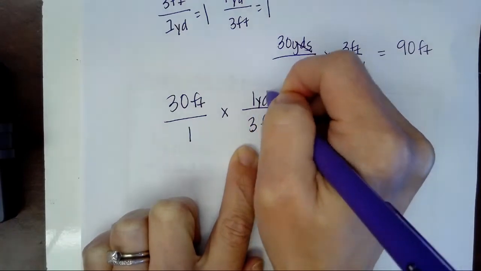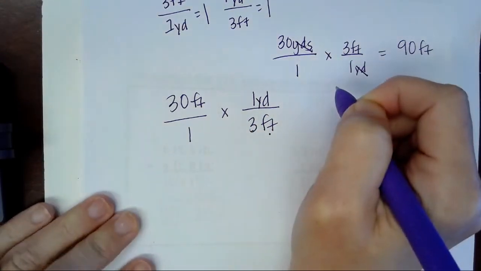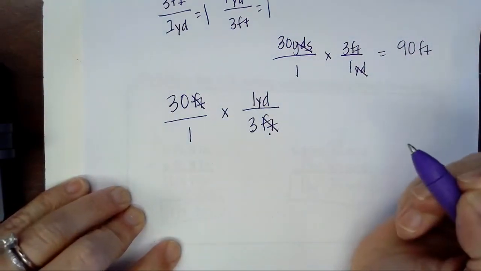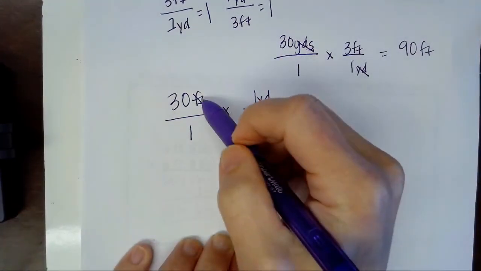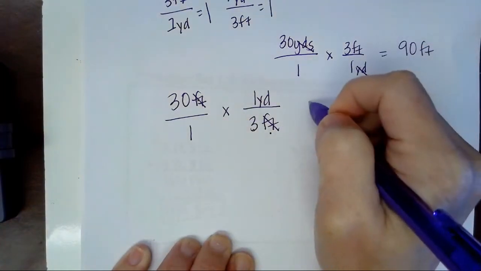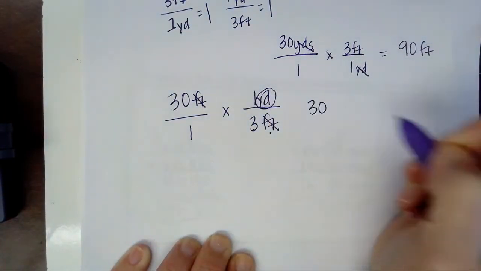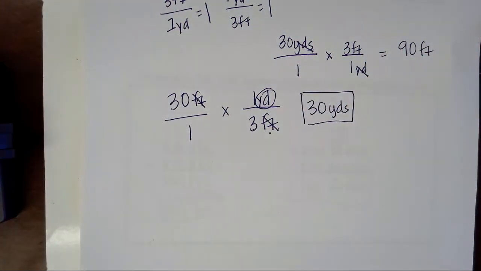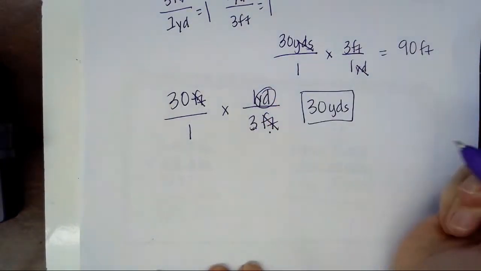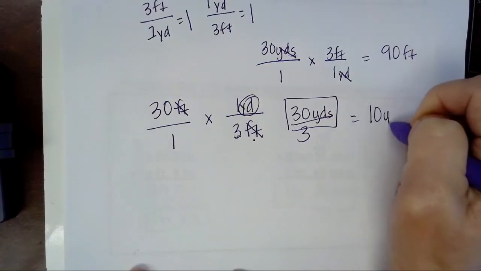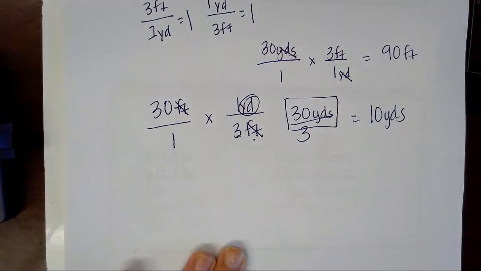All right, now we're going to cross cancel our feet here. There's feet there and there, we can cancel those out. 30 times 1 is 30. And we have yards left over. So our answer is 30 yards. Oh, wait, I'm sorry. Over 3. What do we do with this 3? It gives us 10 yards when we reduce that down.